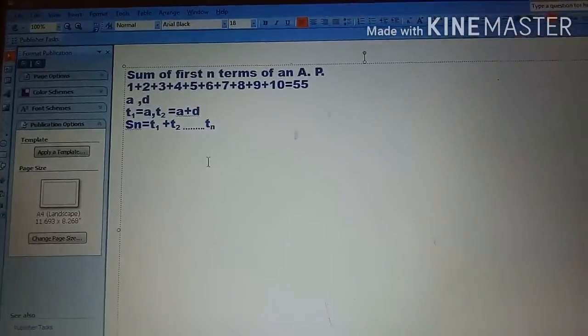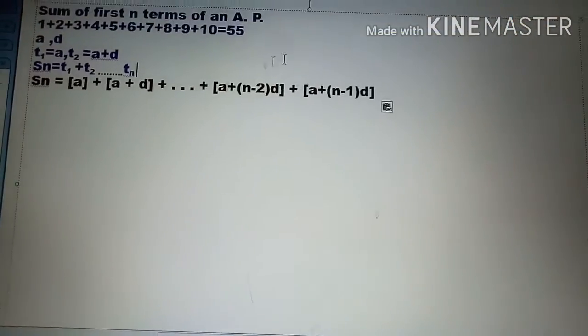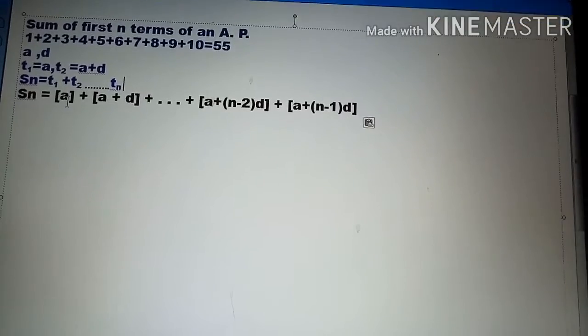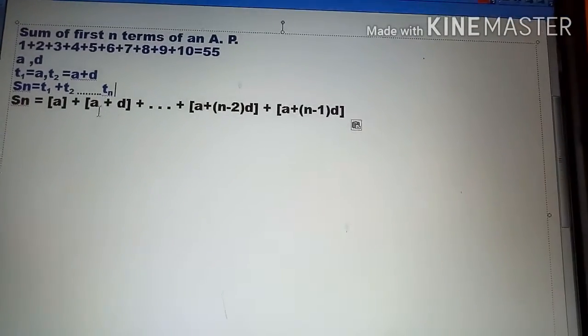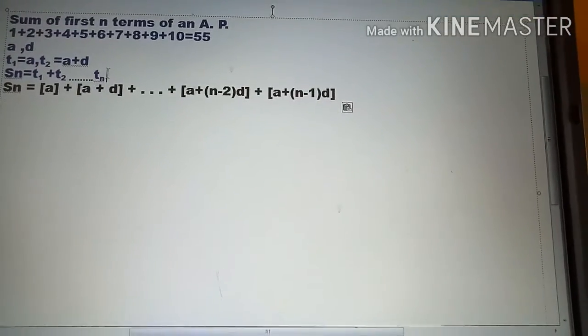If we put the values, t1 is a, t2 is a plus d, plus dash dash dash till the nth term.